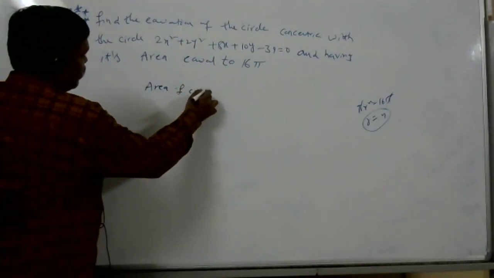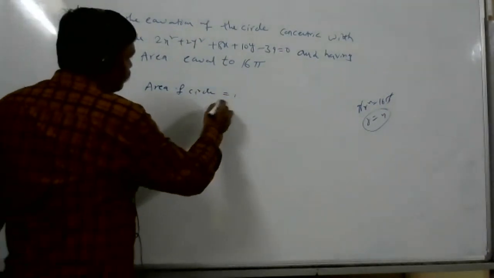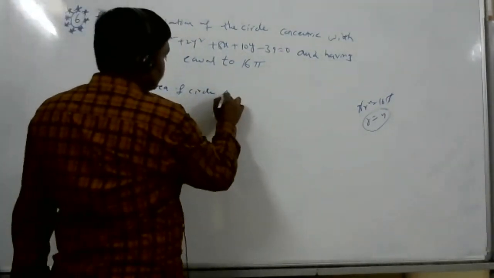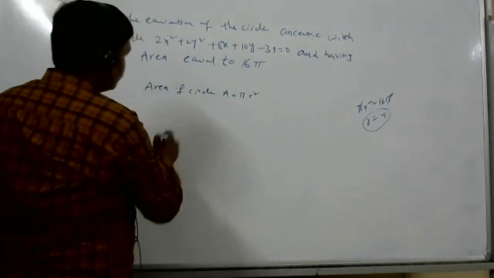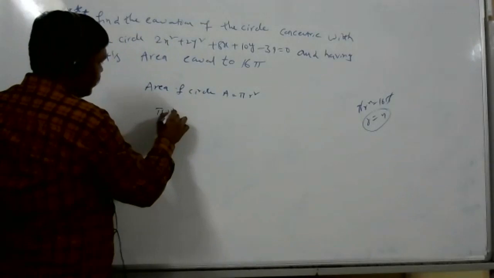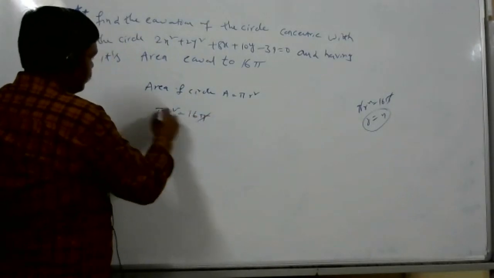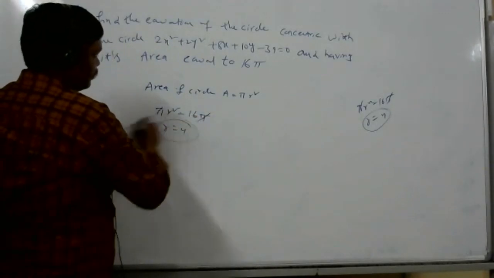Area of circle A is equal to pi r square, and area is equal to 16 pi. Then pi r square is equal to 16 pi. Then we will get the radius r is equal to 4, right? R is equal to 4.